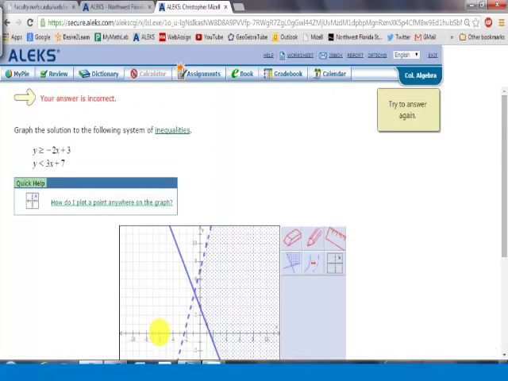Didn't like it. I wonder what about it didn't like. What do you think?